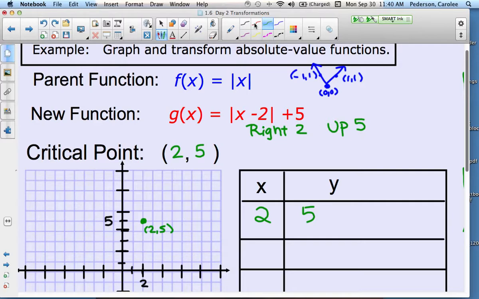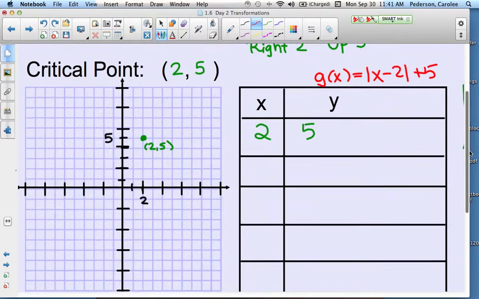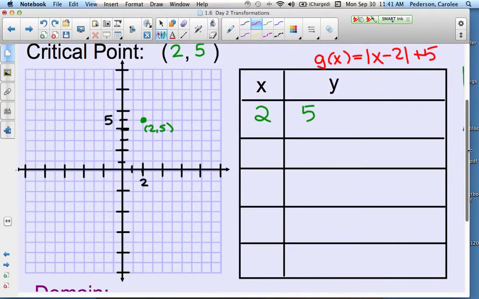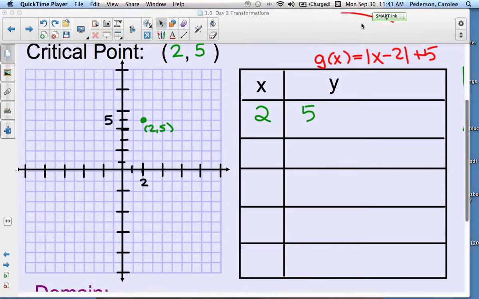Now, this is the function g of x, which equals the absolute value of x minus 2, plus 5. We're going to continue finding more ordered pairs to find the shape of that graph. So we're going to pick a point to the right on the x-axis and the left on the x-axis from point x being 2.